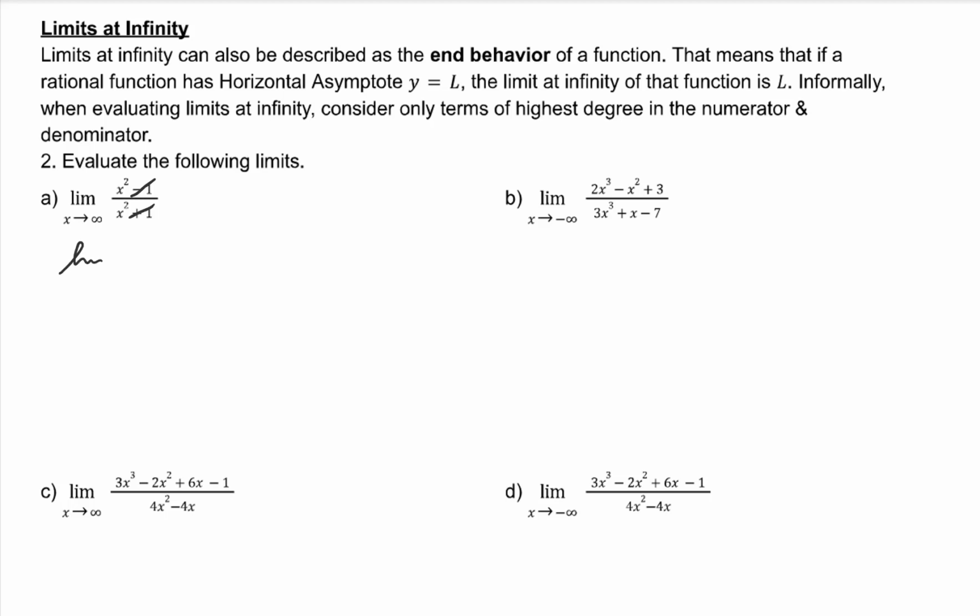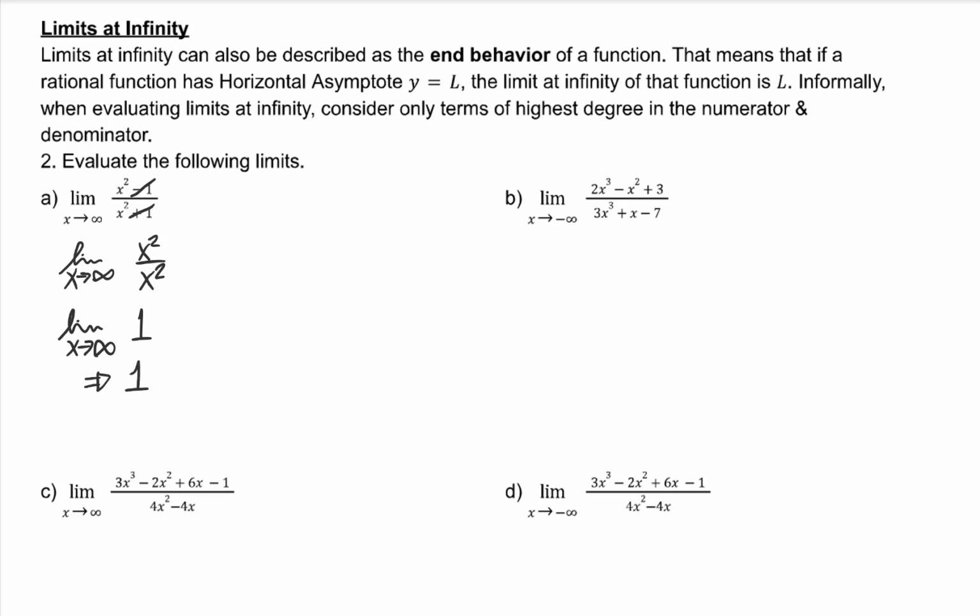So this is basically an equivalent limit to x squared over x squared because we're approaching something so massive that the -1 and +1 are basically not relevant. Now we can reduce. The limit of a number as x approaches anything is that number.